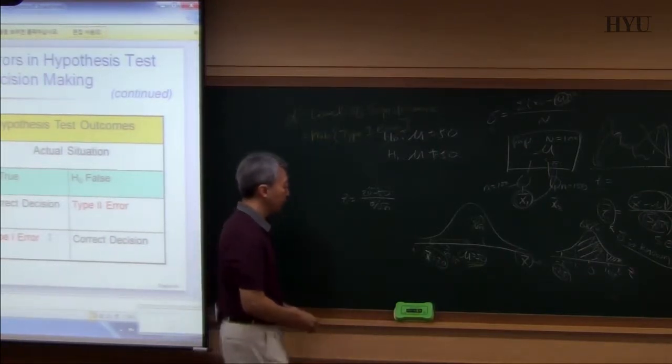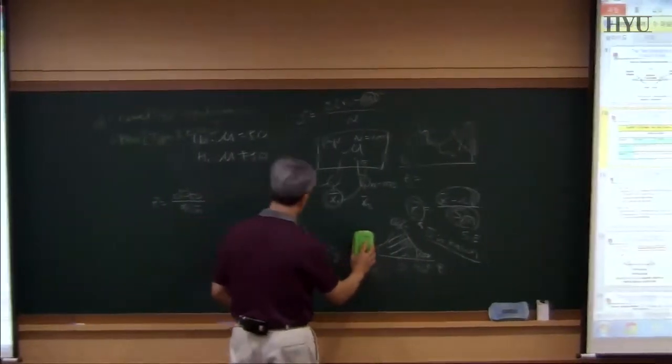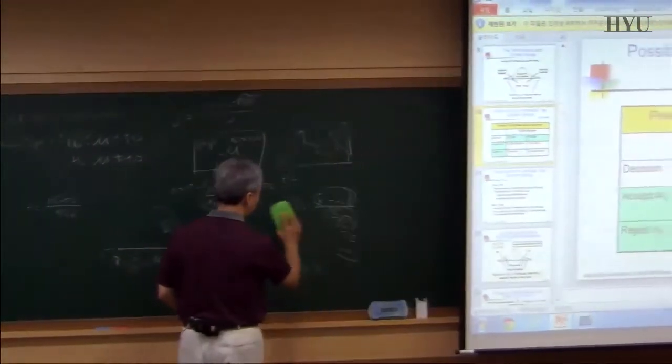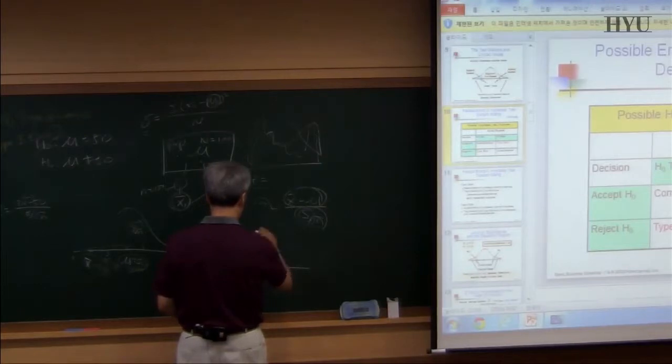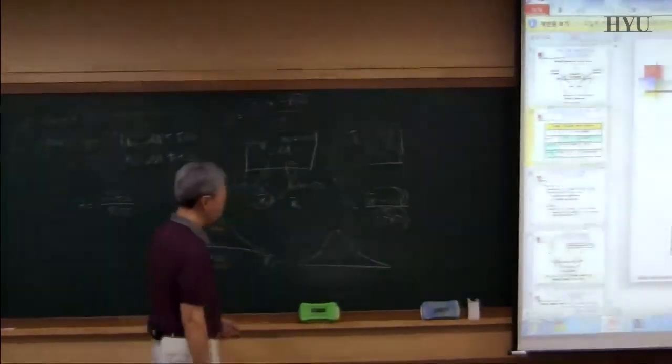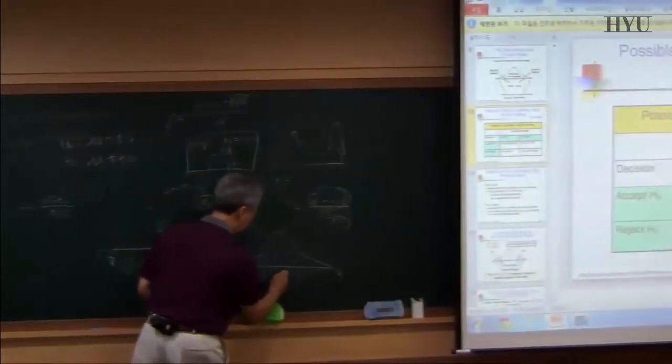So what we are going to do is, on this z distribution or the distribution of the test statistic, here's the center. On z distribution, of course, it is 0, right?